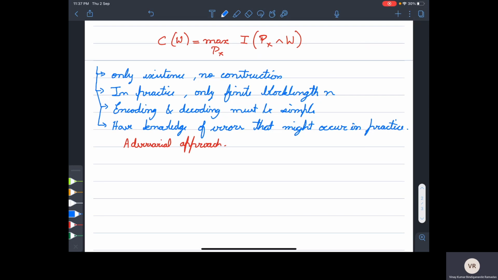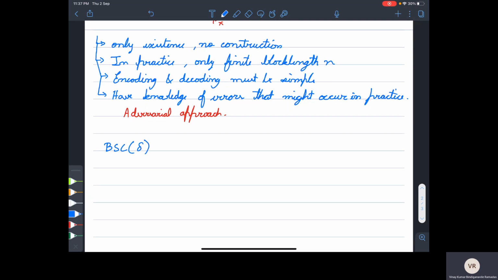So for the purpose of this lecture, I'll assume that we are working with the binary symmetric channel with crossover probability delta. Let me draw the figure first. What this means is that a 0 turns into a 1 and a 1 turns into a 0 with probability delta, and they're received as is with probability 1 minus delta.